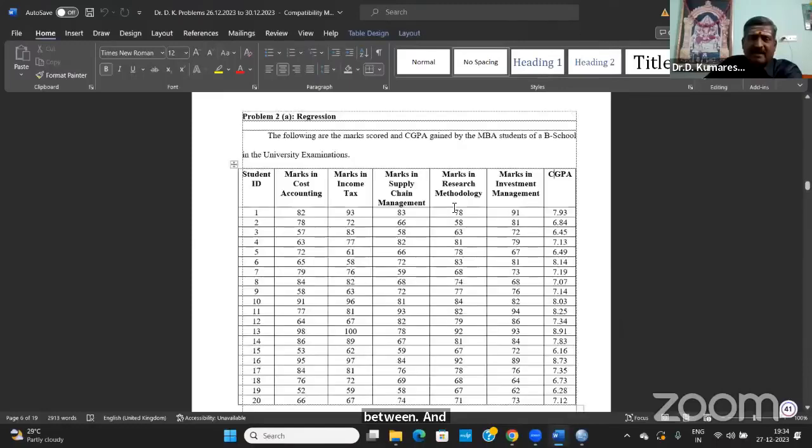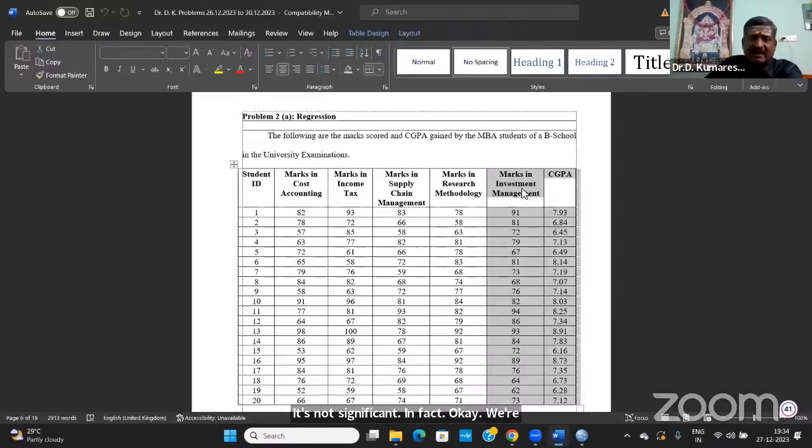If we are considering these two only, there is no significant impact or relation between, or influence of, marks in investment management and CGPA.